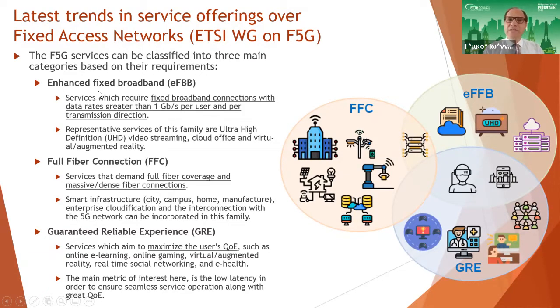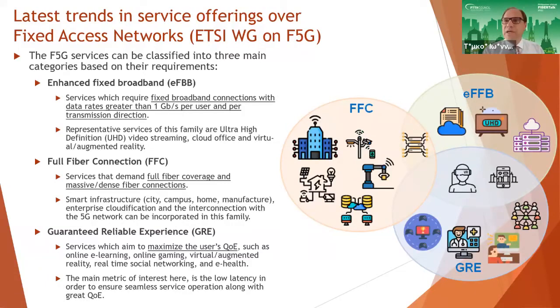Like enhanced fixed broadband services, allowing more than 1 gigabit per second per user. We can get full fiber connectivity to more and more users in different environments, not just at home, but also at our business premises, or not just for citizens like us as end users.